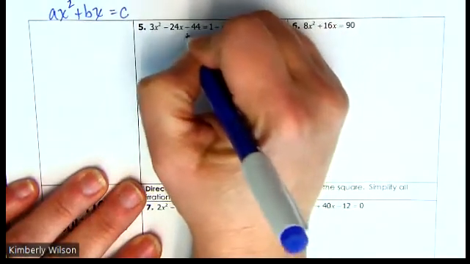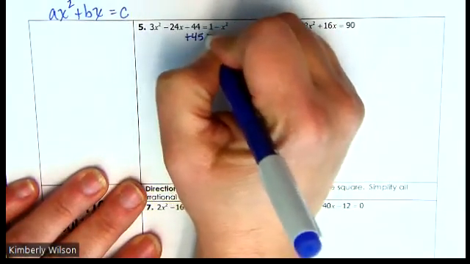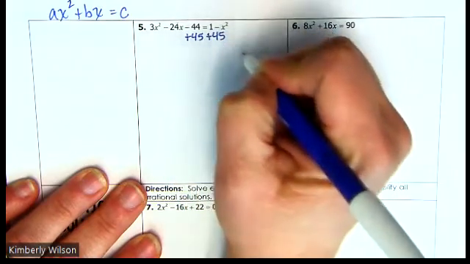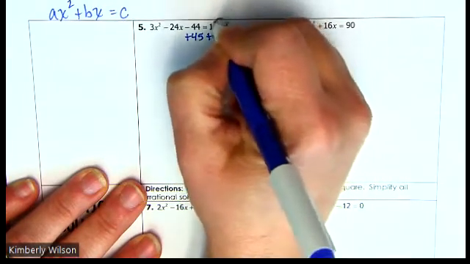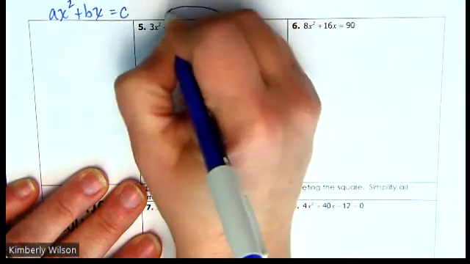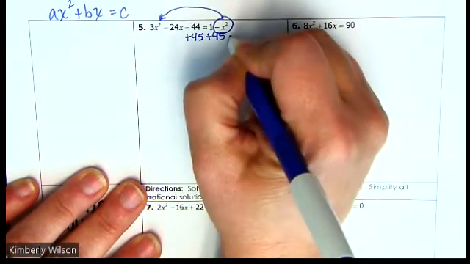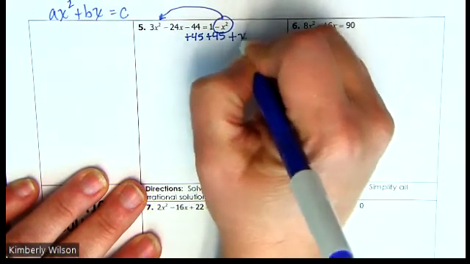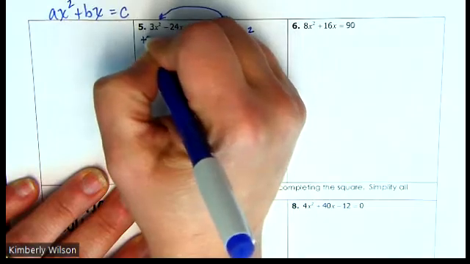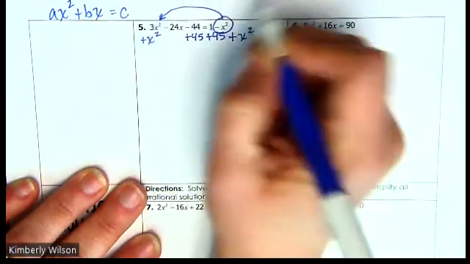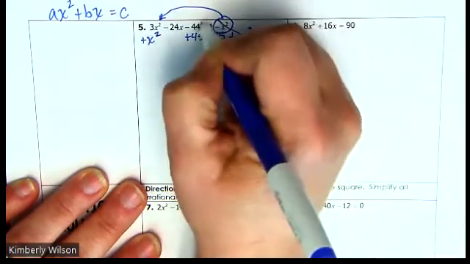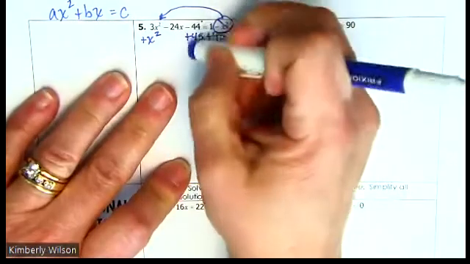So I'm going to add 45 to both sides. And then I need to move the x squared over here. So I'm going to add x squared to both sides. So this cancels. It's not 45, it's 44. Ooh.